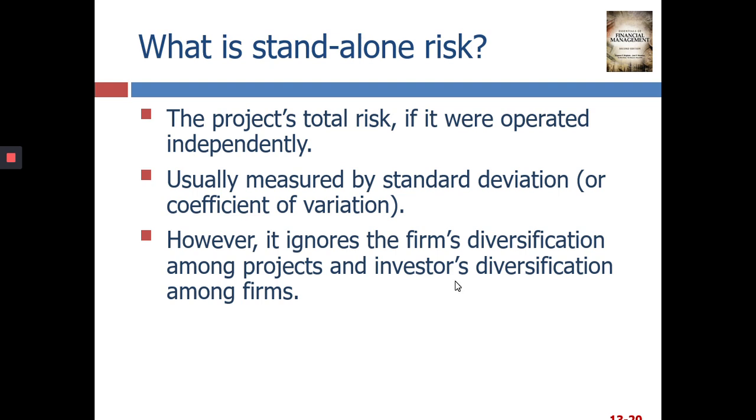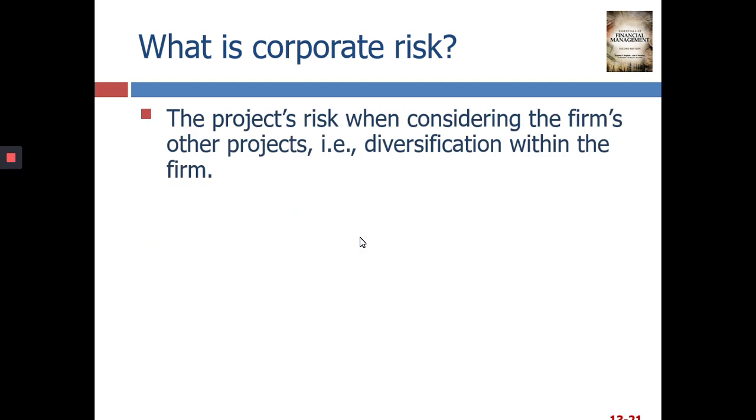Let's look at corporate risk. It is project risk when considering the firm's other projects, so diversification within the firm. Here we're talking about the entire Sunway Group and seeing overall how the company is doing, because you're considering all the projects.